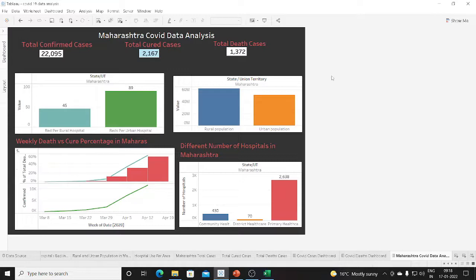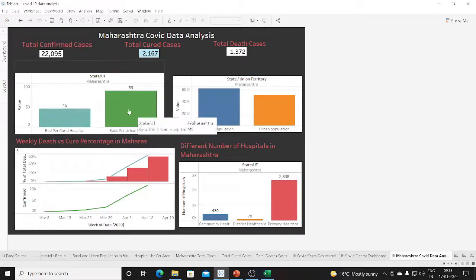Now you can find one thing here: in the state of Maharashtra there are two types of area, rural and urban.